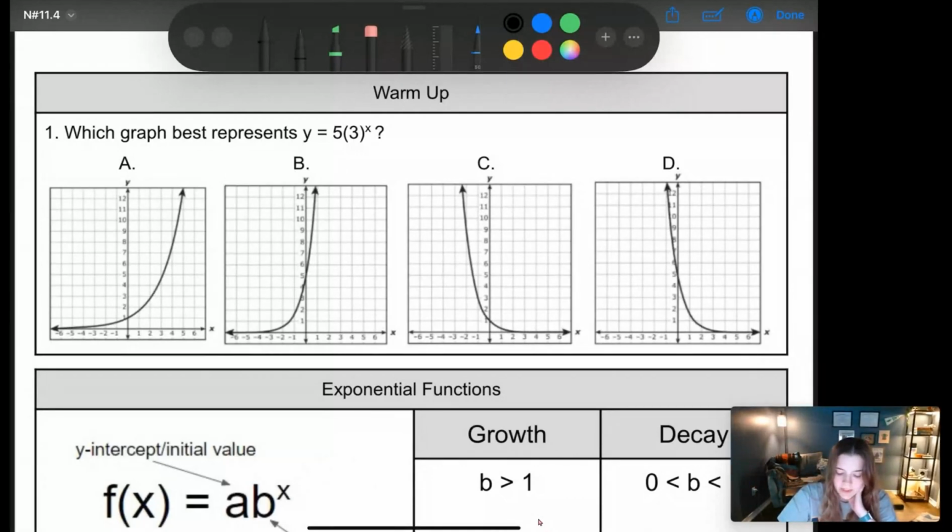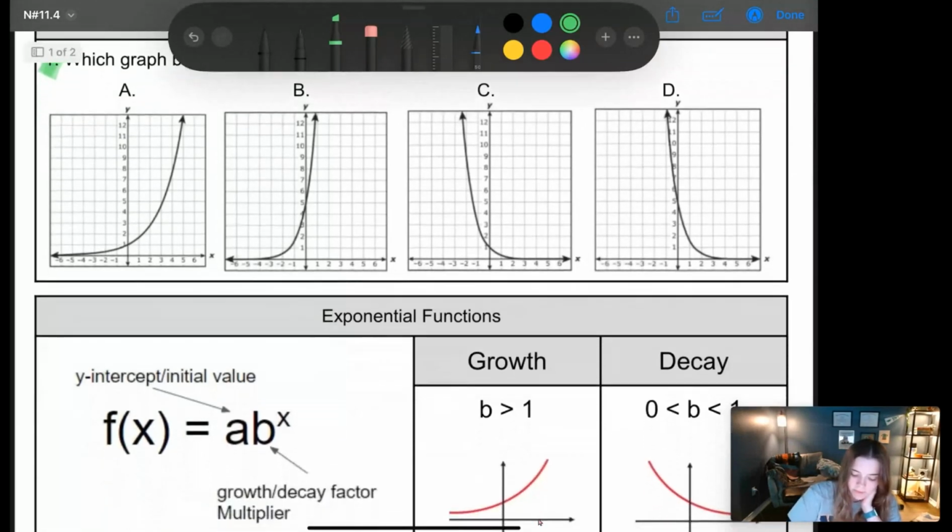Now, on this first one, it is a warm-up, and I do want you to try it on your own, but remember, look at the formula right here. Your A is your Y value, where it crosses the Y-axis, okay? And your B is your growth or decay multiplier. So if it's growth, it's going up.